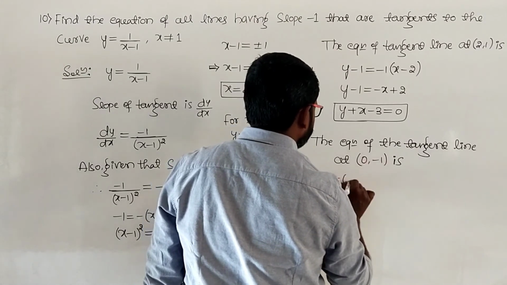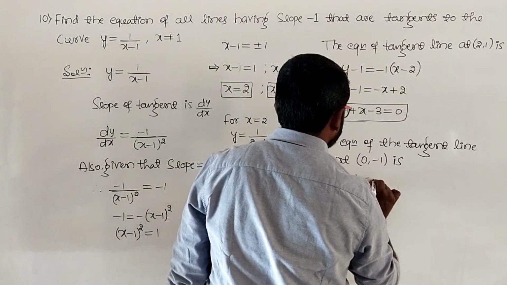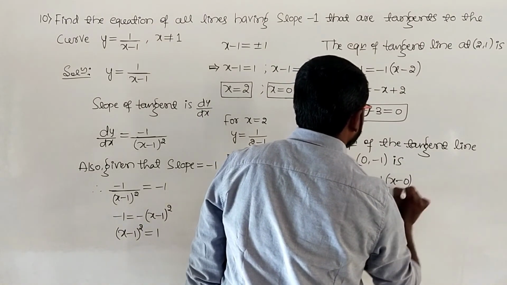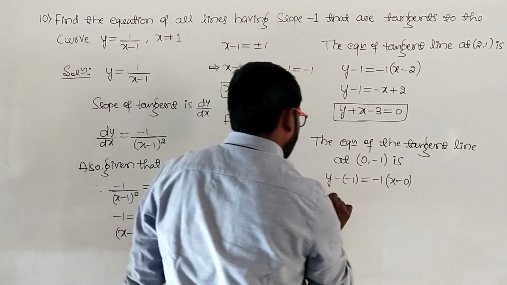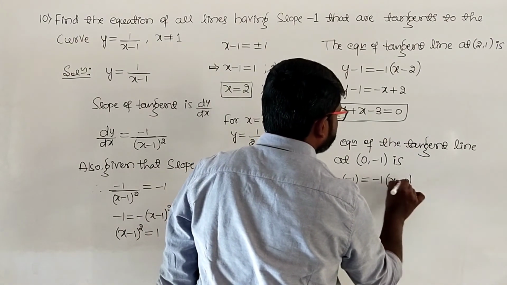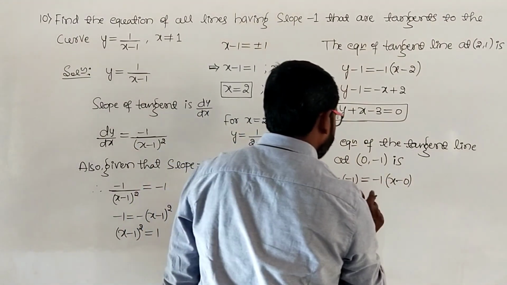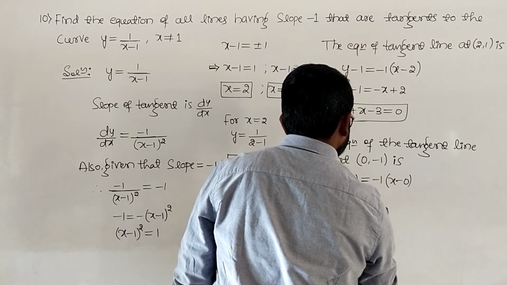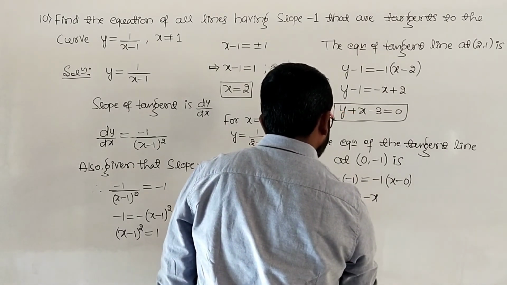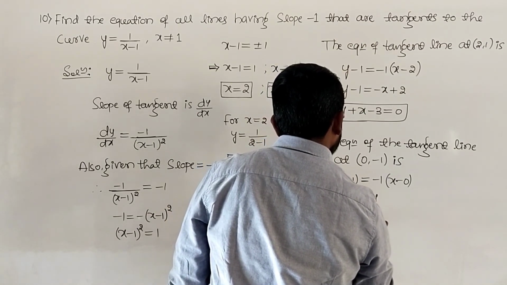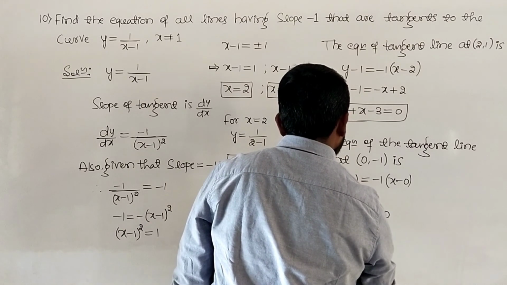Y naught is minus 1, so y plus 1, which is equals to f dash of x naught, it is minus 1 into x minus x naught, it is 0. So now y plus 1, this is equals to x minus 0 will be x and it is minus 1. That means overall you get minus x. Now take minus x to the LHS, you get y plus x plus 1 which is equals to 0.